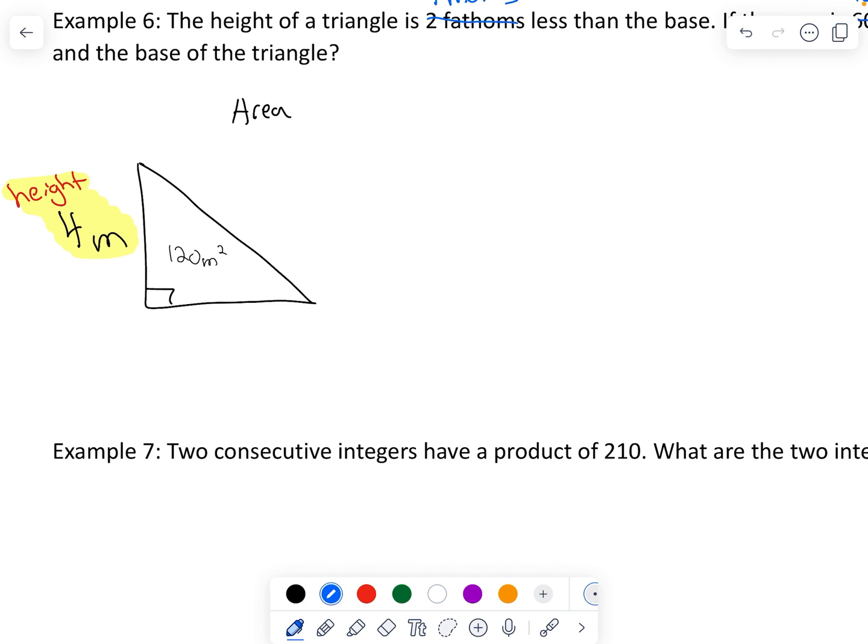All right, so the area formula for a triangle is probably going to be a useful thing to have. The area formula for a triangle would be base times height divided by 2. And in this particular example, I know the area is 120. I don't know the base. I do know the height. And I have divided by 2.